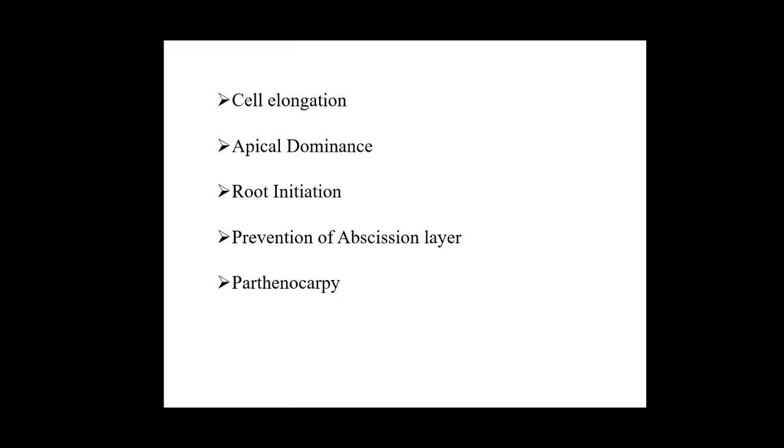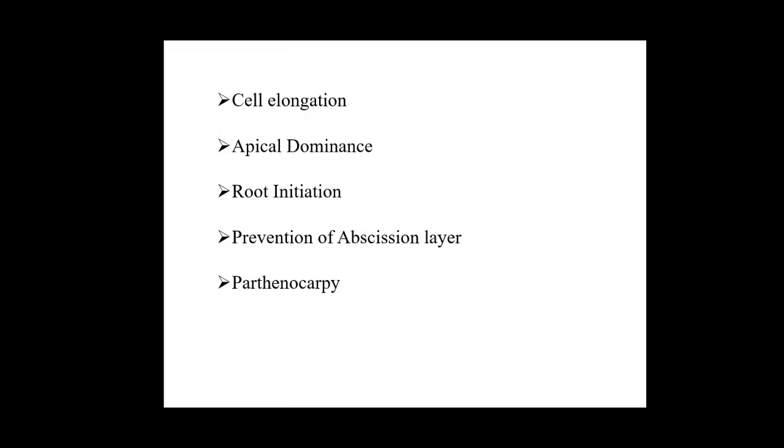These synthetic auxins are more effective in the initiation of new roots. Probably it is because they are not easily destroyed by the enzyme IAA oxidase, and therefore they can persist longer in the plant.